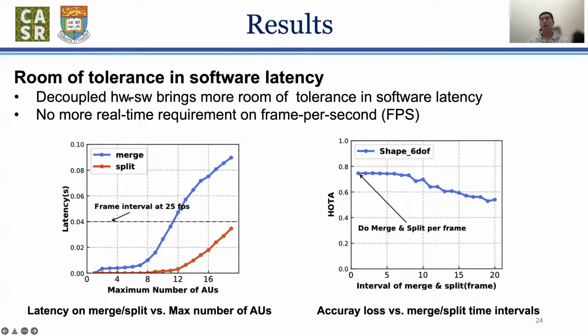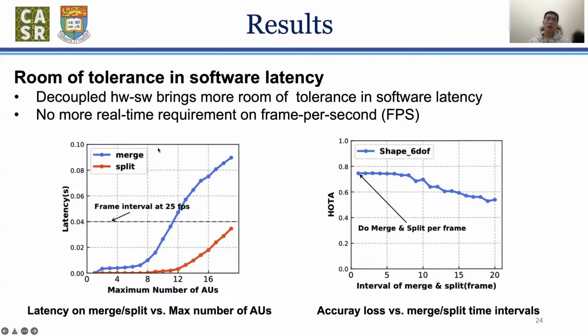Last but not least, we find out that this hardware-software architecture actually brings much room of tolerance in software latency. Because we decouple the hardware event processing and software high-level algorithms, the software is now not constrained by the conventional frames per second metric to show real-time performance.